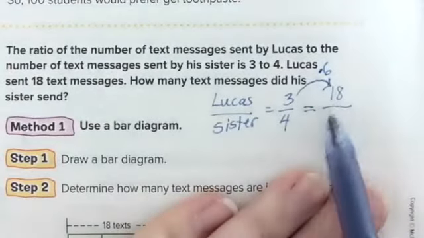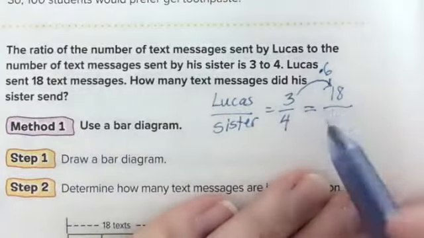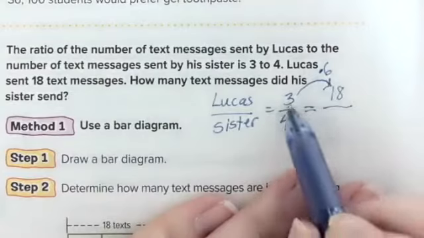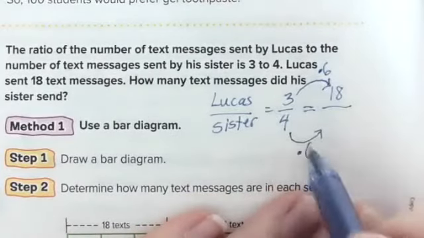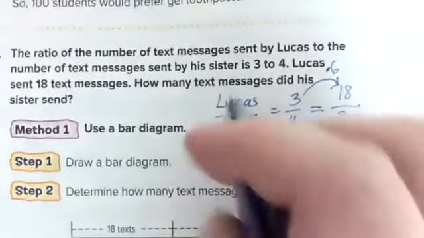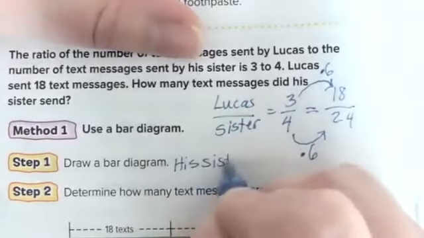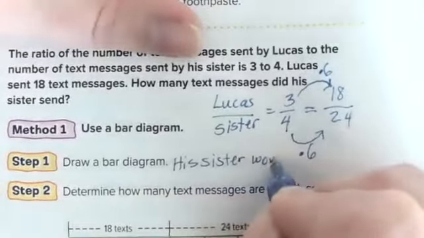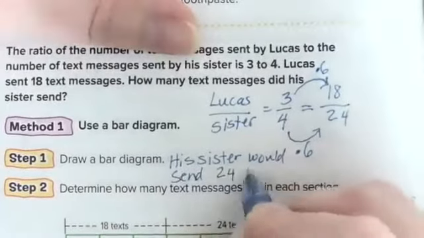So when Lucas sends 18 text messages, how many would we expect his sister to send? Whatever we do to our numerator, times 6, we also do to our denominator, times 6. And 4 times 6 is 24. So his sister would send 24 text messages.